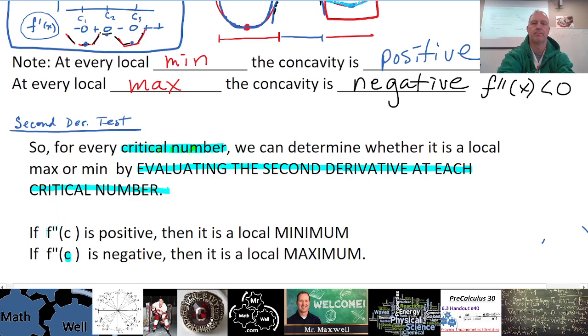And in concert with the notes that we just took, here's another little summary. If f double prime of critical number c1 that we test is positive, then we have a concave up section. That would be a local minimum.